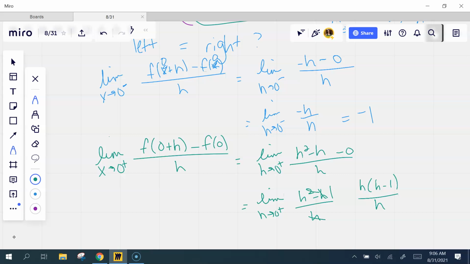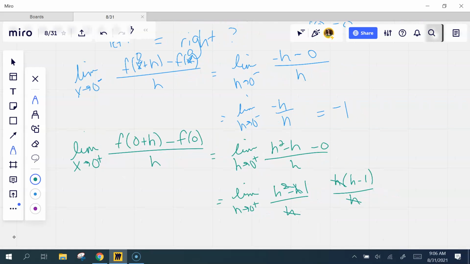While this cancels, it's a 1. Put the square in that one right there. Yes, because h times negative 1 is minus h. Oh, that's what you did. I think I plugged it in wrong. I didn't FOIL it out because 0 plus h is h. Now, where do you go from h minus 1 over 1?